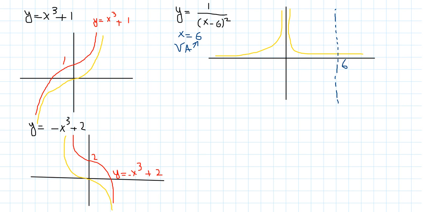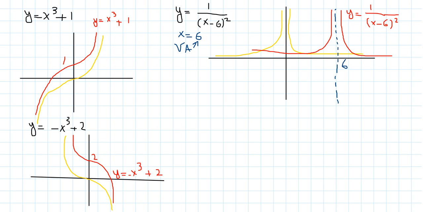If I had plus 1, minus 1 or something else, it would be the horizontal asymptote. But I only have the vertical asymptote here, and easily I can draw it. It is the graph of this shape, y equals 1 over x minus 6 squared.